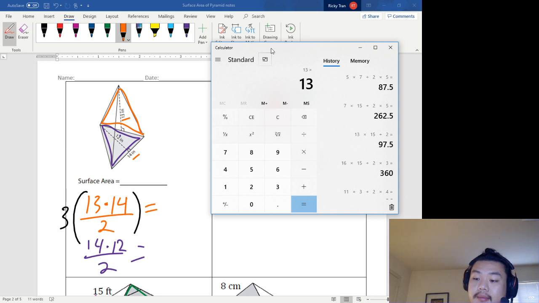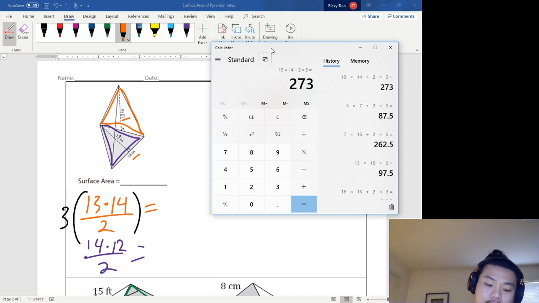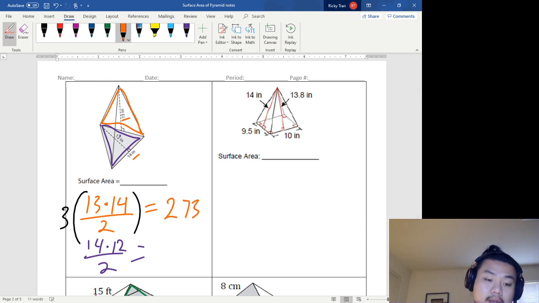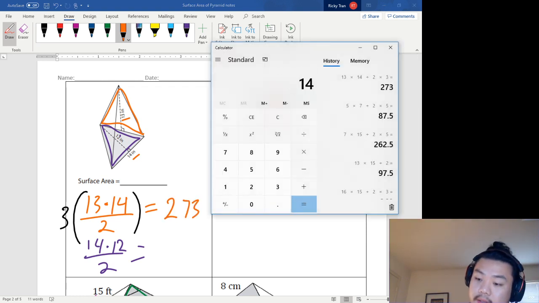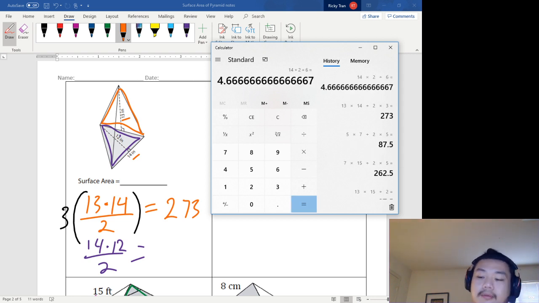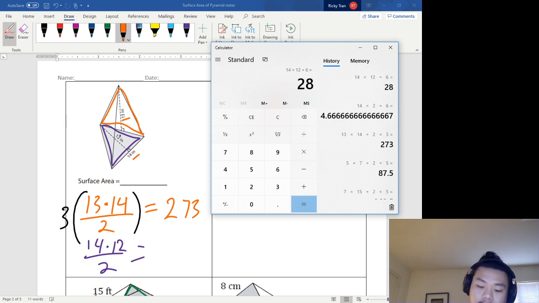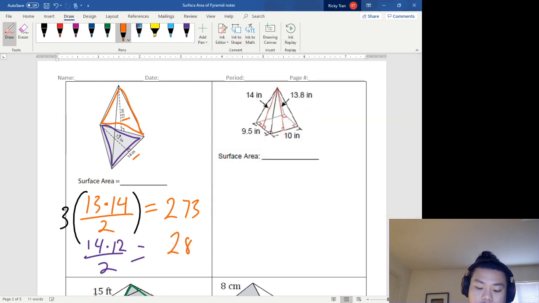So 13 times 14 divided by 2 times 3, 273. Then we have 14 times 12 divided by 2. Oh, whoops.